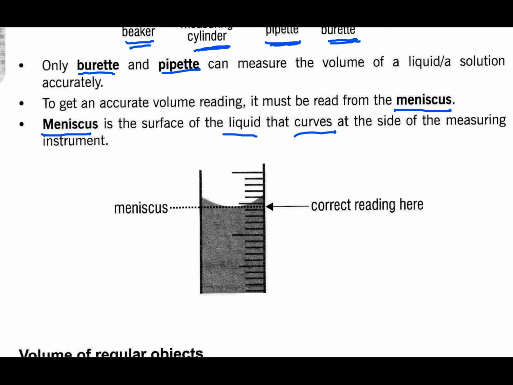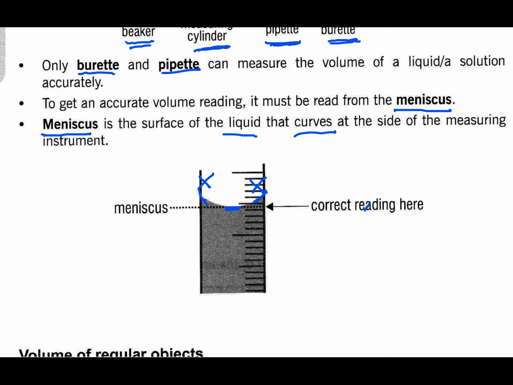In this case, the true value is obtained from the middle part that is not touching the glass or the container, because it is the adhesion of the liquid to the glass that causes the liquid to curve upwards and distorts the reading. So since this is a distorted reading that is affected by the glass, it is to be discounted. The true reading is given by the middle part that is unaffected or untouched by the glass.